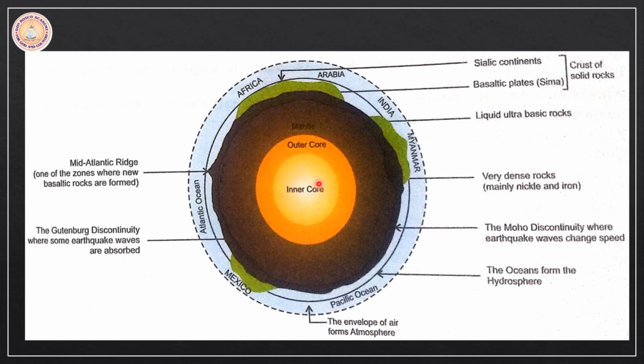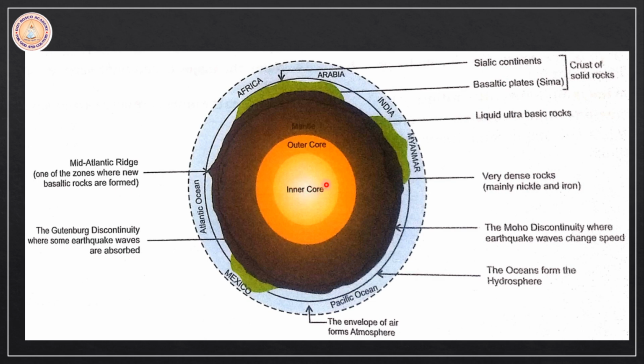The temperature over here is the highest, nearly 5,000 degrees centigrade. The iron present in this core loses its magnetic properties at such a high temperature.